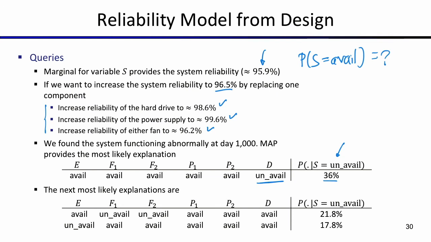We could also check for the next 2 most likely instantiations. In this case, we're going to find that both fans failed, and this has 21.8%, and the next one with 17.8% is that the power supply failed, right?